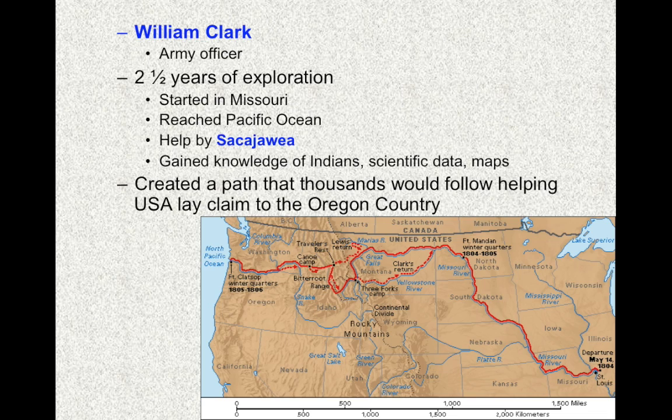I always say her name wrong, and I really apologize to her because I love Native American names if I can pronounce them properly. They gain knowledge of the Indians. They gather scientific data, the maps, and everything else. It does create a path for thousands that would follow, helping the U.S. lay claim to the Oregon country.